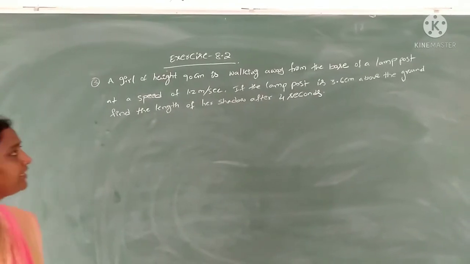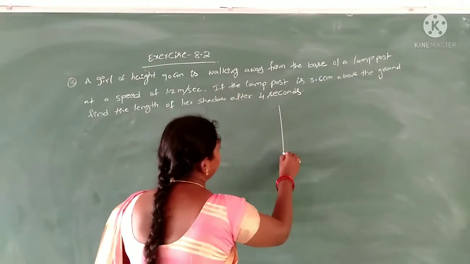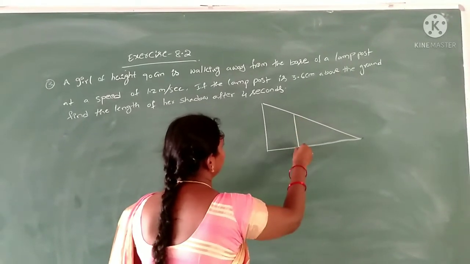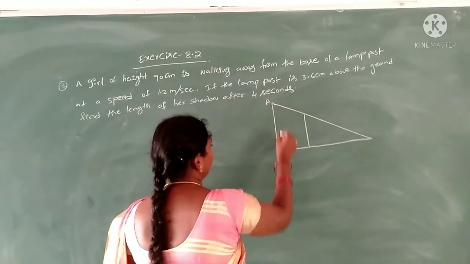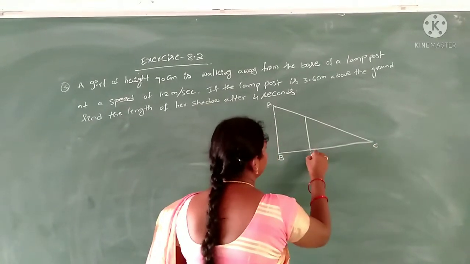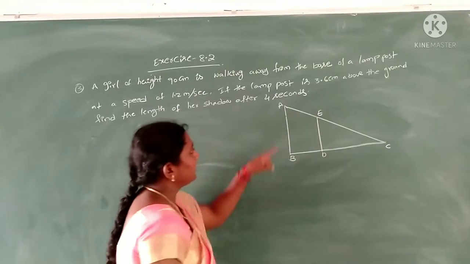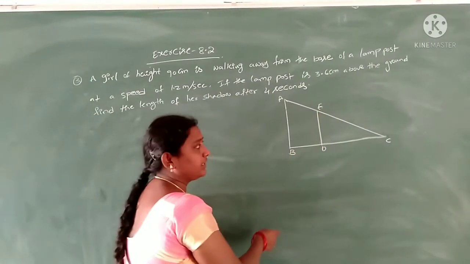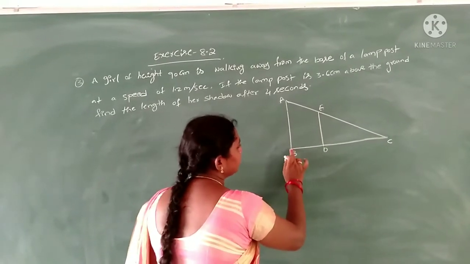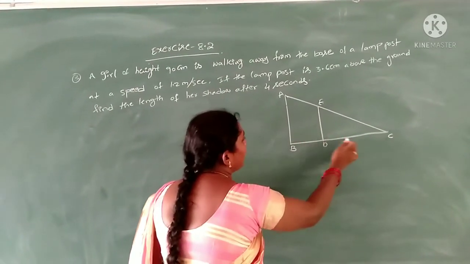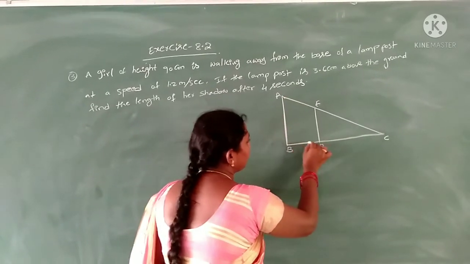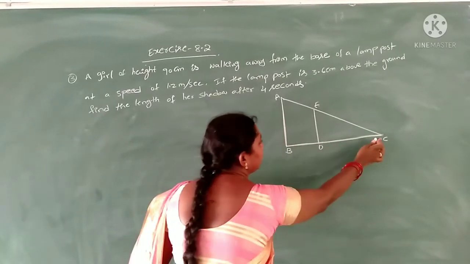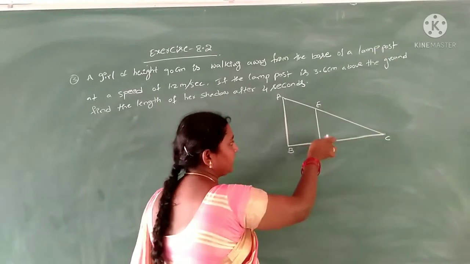First, we will draw the diagram. AB is the lamppost and D is the girl. Next, BC is the shadow of the lamppost and DC is the shadow of the girl.